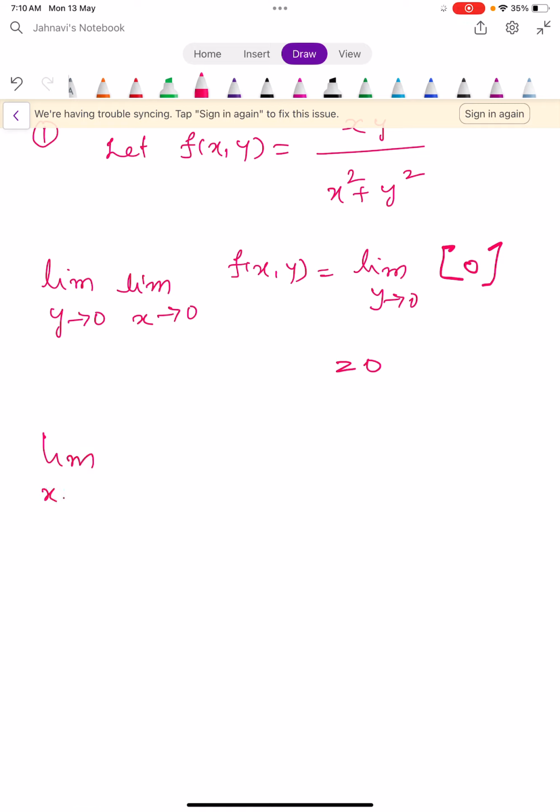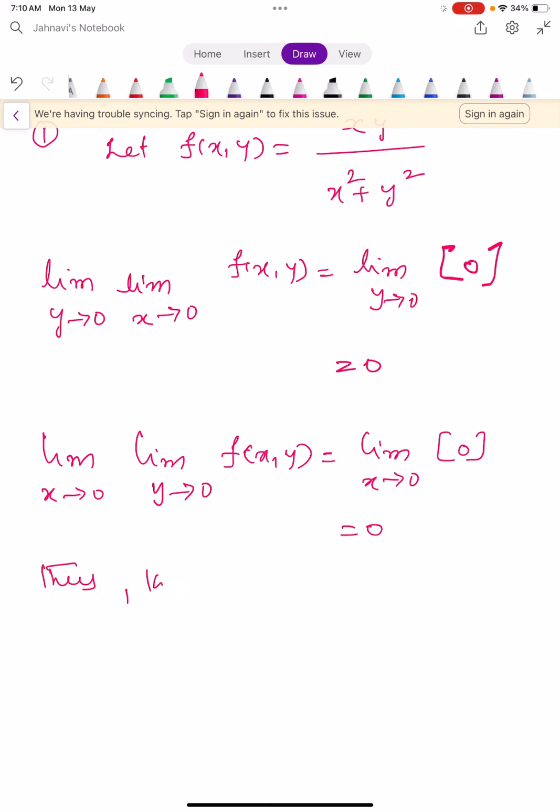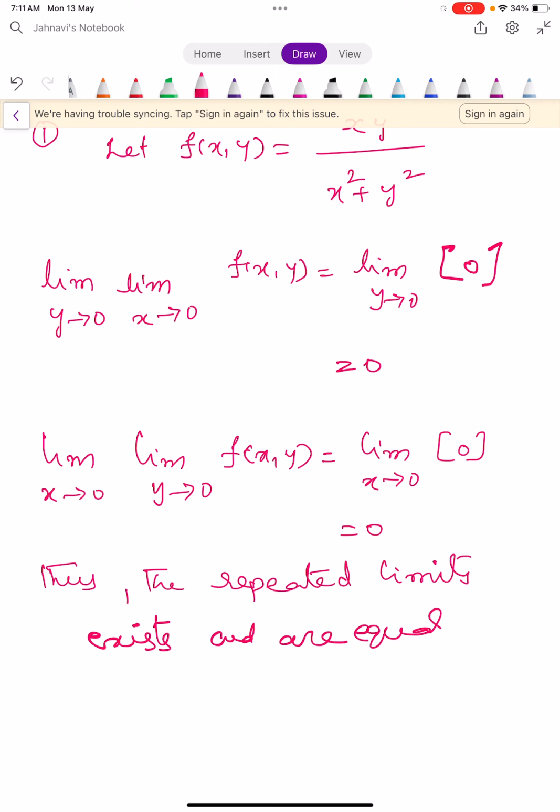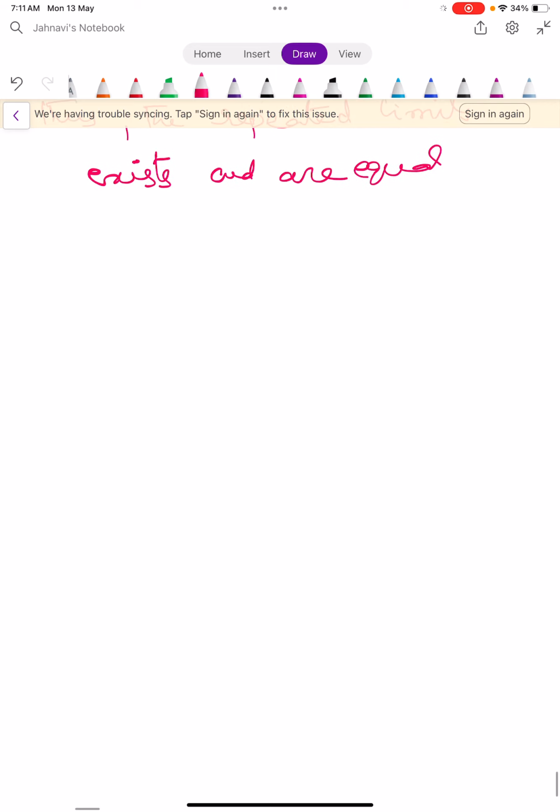Also, limit x tends to 0, limit y tends to 0, f of x comma y is again 0. So we conclude that both the repeated limits exist and are equal to one another.